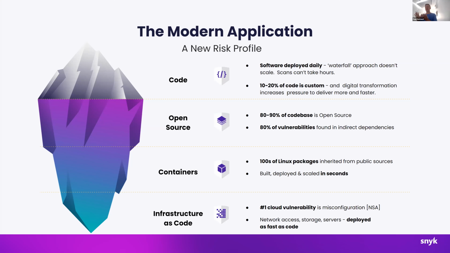And then down at the bottom, infrastructure as code. Now, this is where we're deciding what that infrastructure looks like, how it should scale, how the microservices and containers should interact with each other. And this cloud configuration is where a lot of vulnerabilities can get introduced into a modern app. And this is where we're going to concentrate the demonstration and hopefully questions on today.